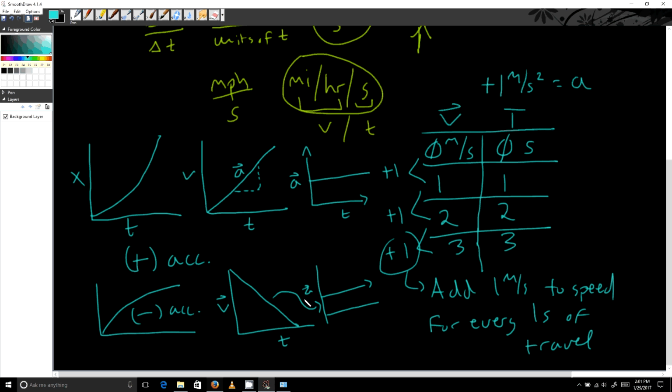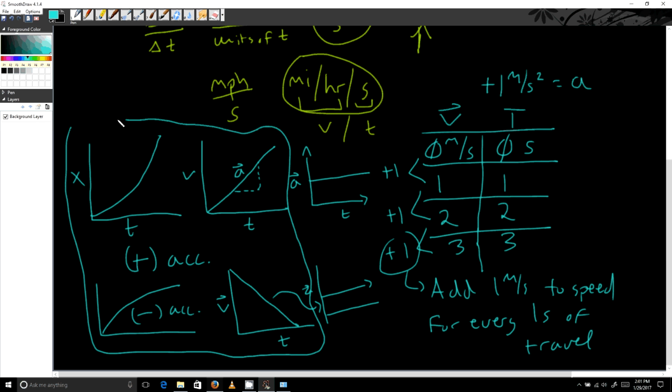Just wanted to show you that it is a constant uniform acceleration. Either one of these graphs, or any one of these graphs, represents a graph of accelerated motion, which you will need to be able to identify. Okay, so let's look at some example problems for calculating acceleration.